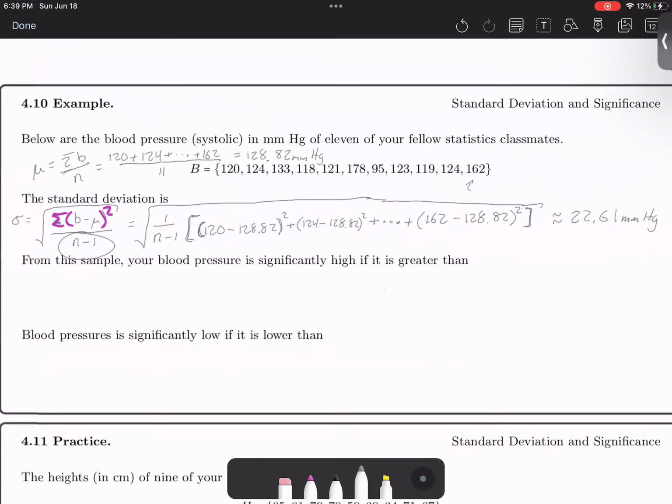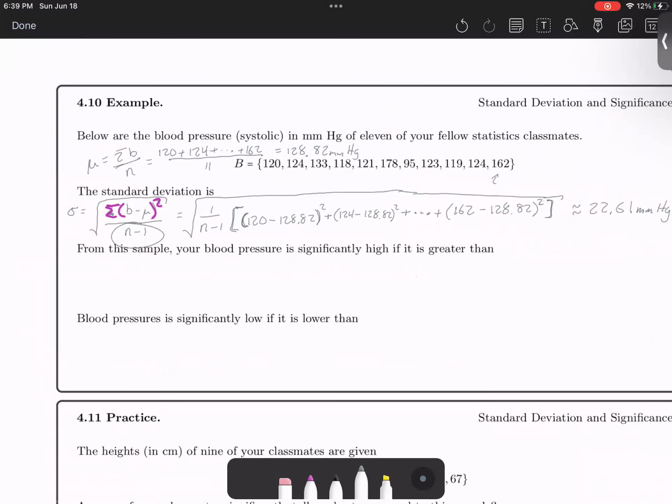Okay, so let's use that standard deviation to talk about whether or not any students have significantly high or significantly low blood pressure. If I start at my average and move to the right by 2 standard deviations, that gives me the point that is 2 standard deviations above my average. My average was 128.82, and I will add 2 standard deviations, which we found to be 22.61.